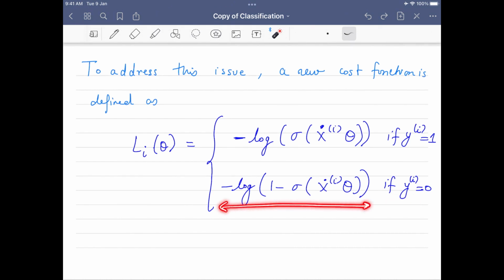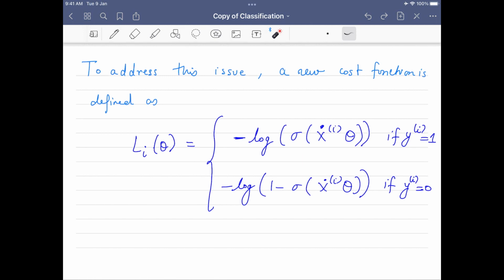So these are the two different conditions for defining this particular loss function. What it says is, if the actual labels of the data set are 1, then the loss function corresponding to that is this one, and the second is this one, if your labels are 0.